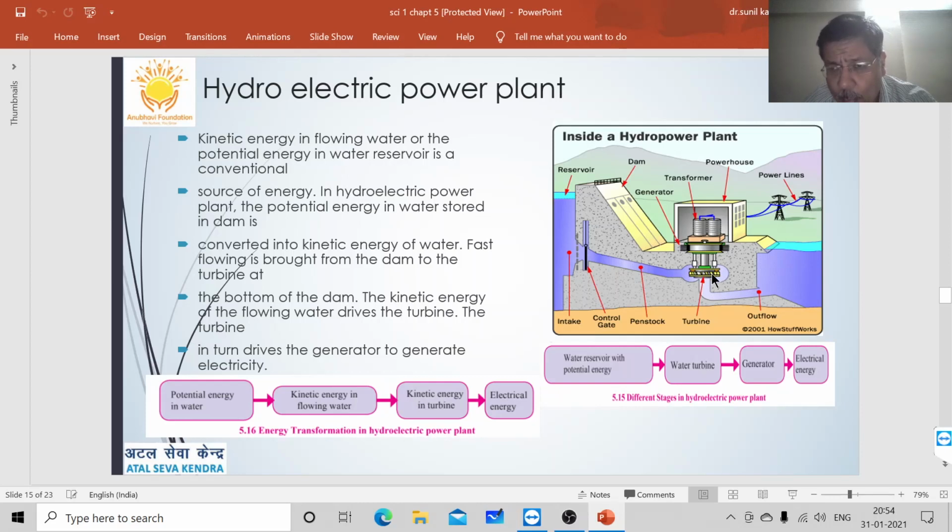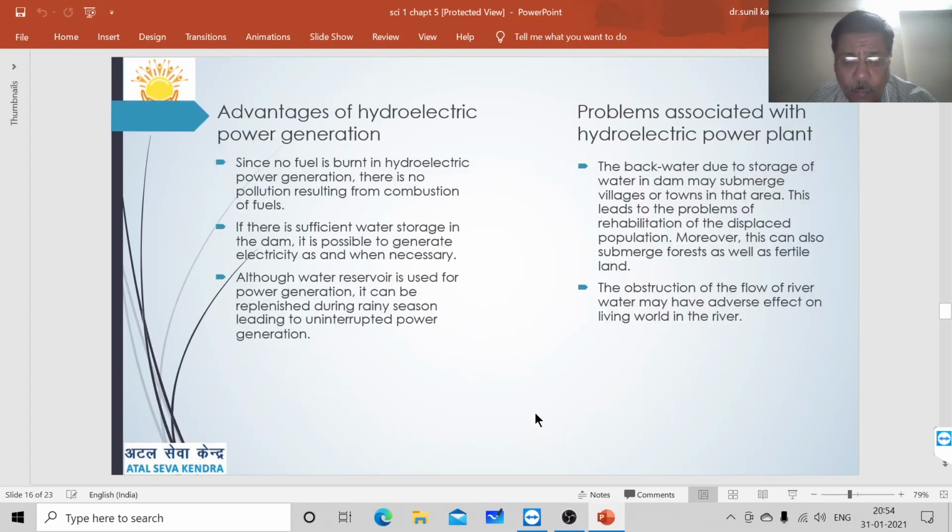The rotation of the turbines will in turn rotate the generators, and electricity is generated. So potential energy of water stored in the reservoirs becomes kinetic energy in the flowing water. This kinetic energy will move the turbines, and turbines will in turn move the generators to produce electrical energy.